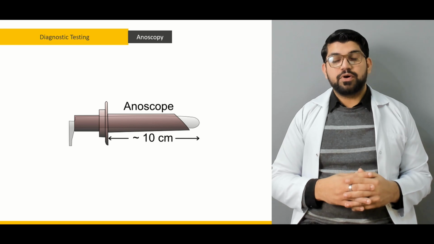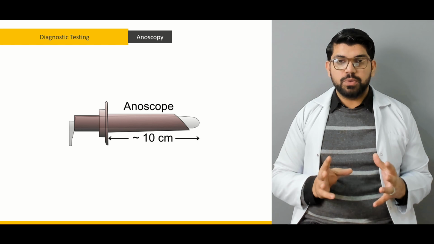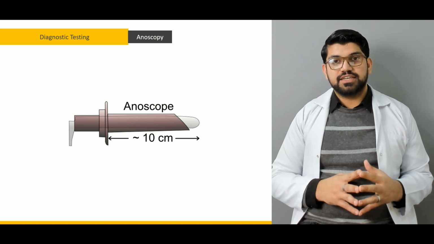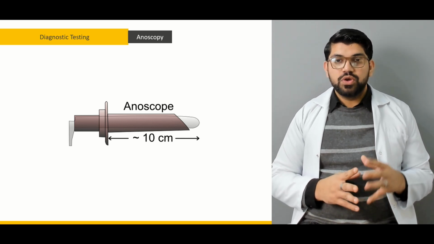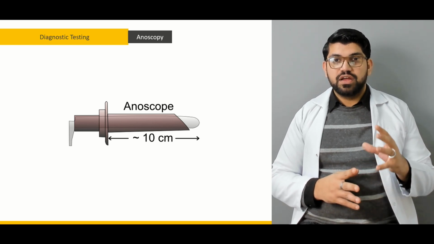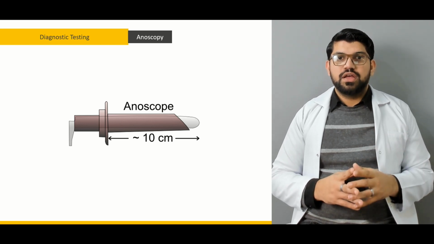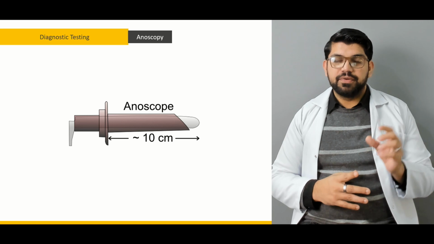This is the proctoscope. As you can see in this diagram, it's a tube-like structure measuring 10 centimeters. What to do? You position the patient for rectal examination. You put in the scope. You look for a bleeding point.